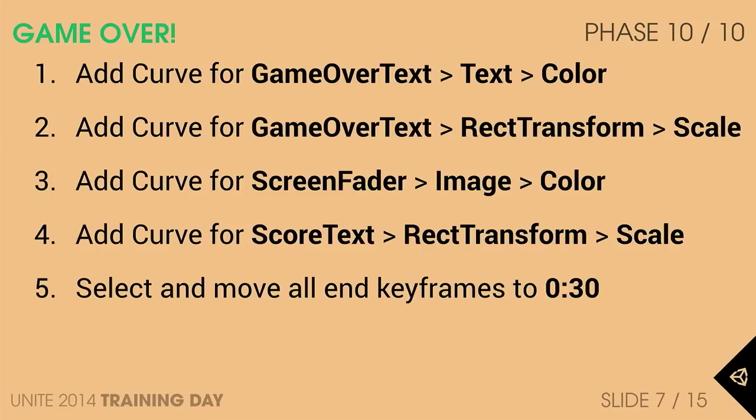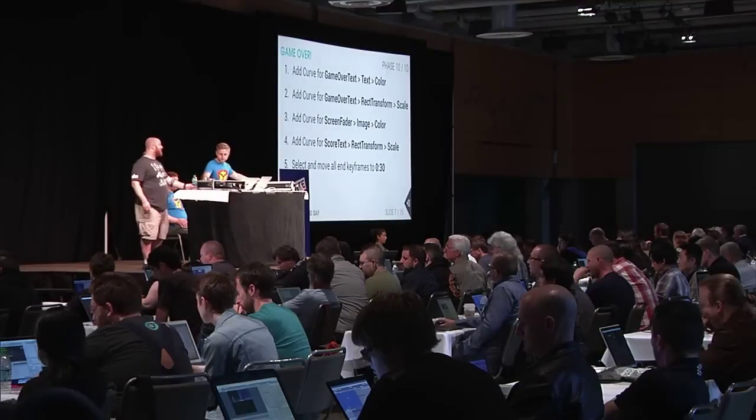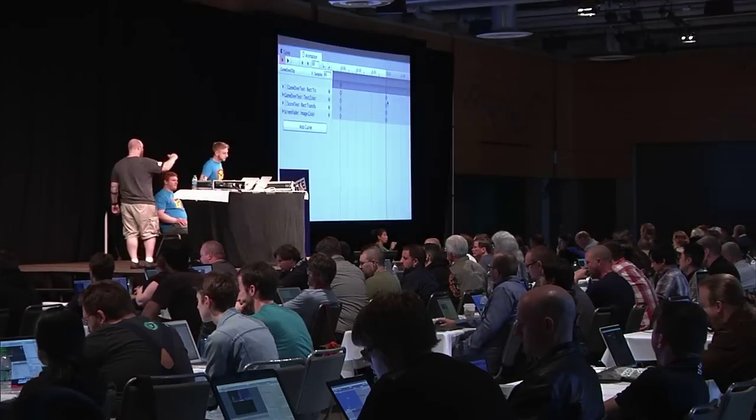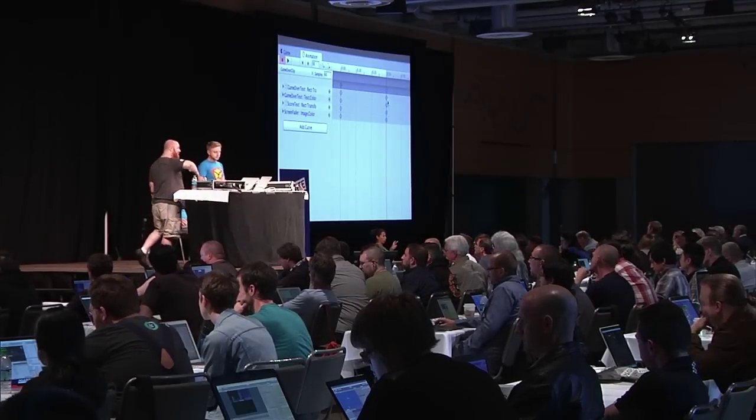And finally, we've moved all of the end keyframes to frame 30 so as to shorten the animation in its entirety. Again, remember, you're in record mode. If you ever see another curve that's not one of those in this window, it recorded something else, and raise your hand, all right, because you don't want that.